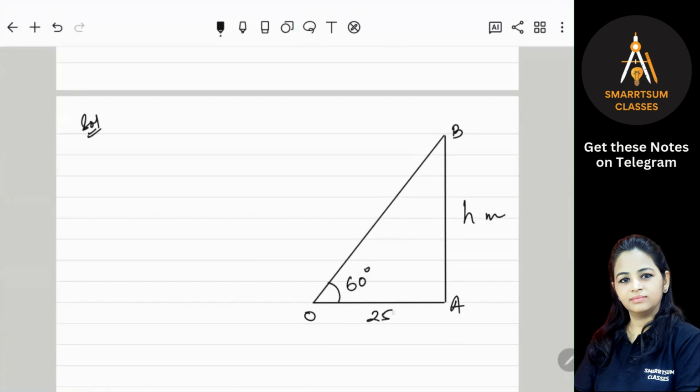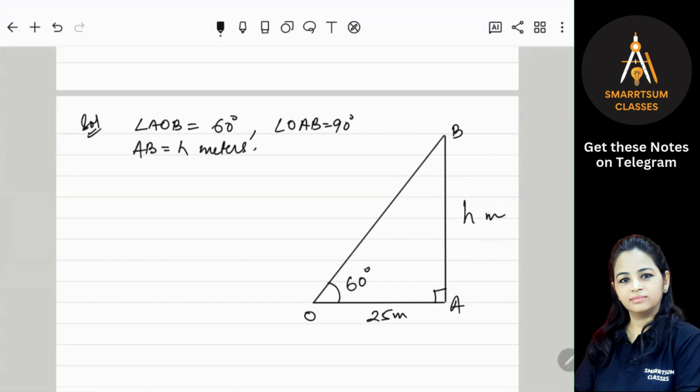So this point O is 25 meters away from the foot of the pole. So this is the scenario here. So angle AOB is 60 degrees. Now, since this is a right angle triangle, angle OAB will be 90 degrees, because the pole is generally straight. So we can assume angle A is 90 degrees. Now we have to find the value of h, meaning the height of the pole. So we have assumed that AB is equal to h meters.